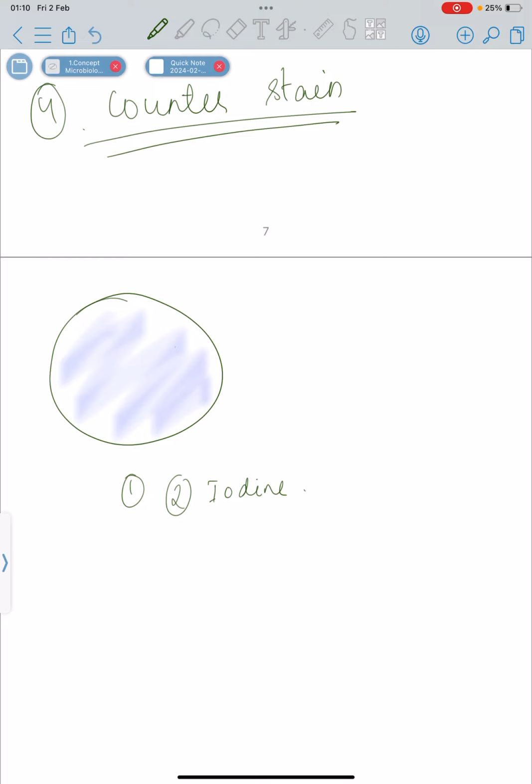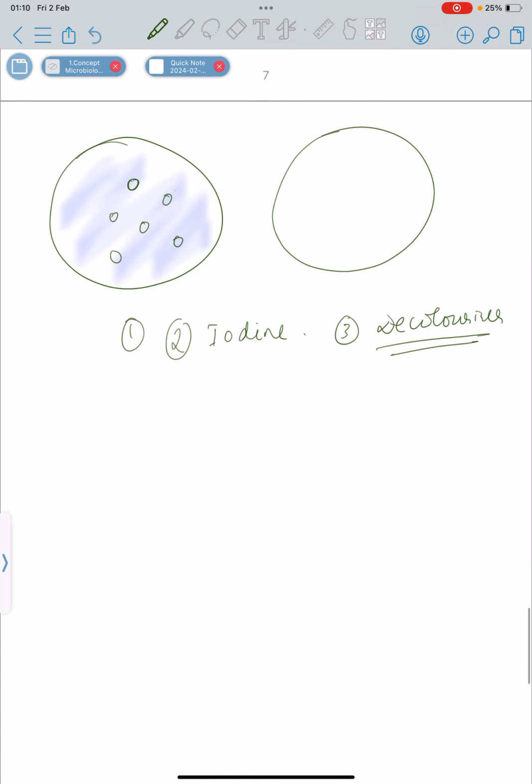In the third step, there are organisms which took this stain. What happened is that when we applied the decolorizer, the dye plus iodine complex would get removed, right?